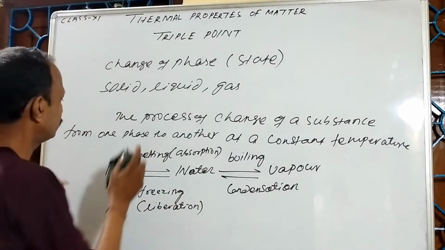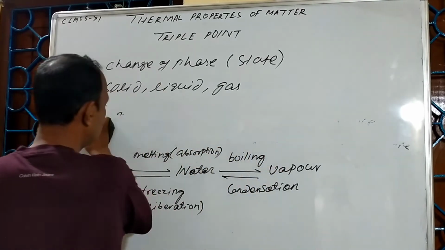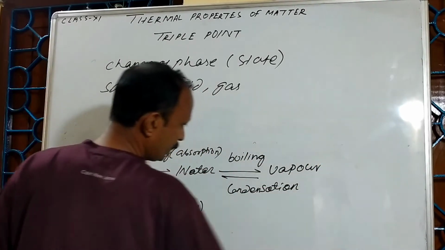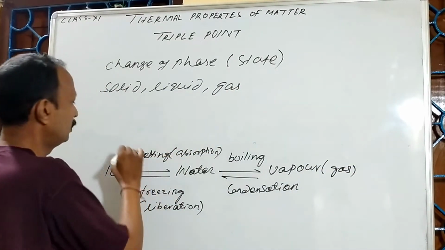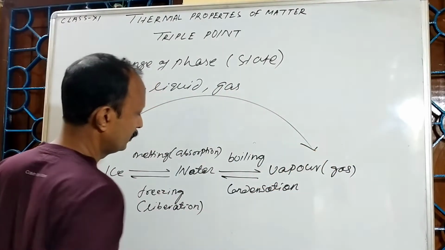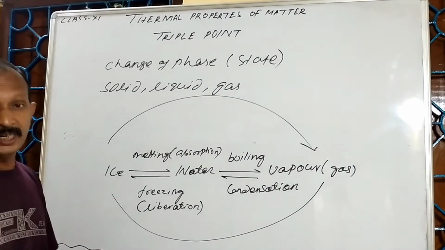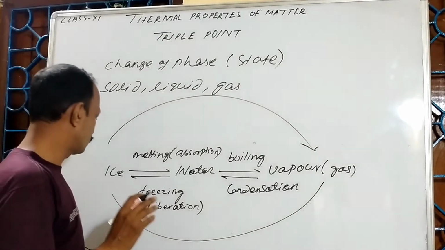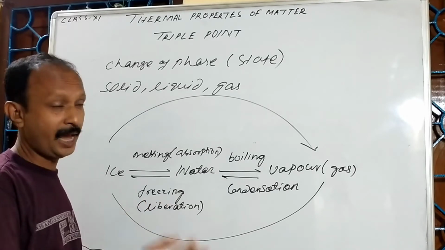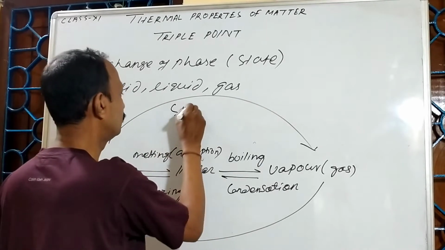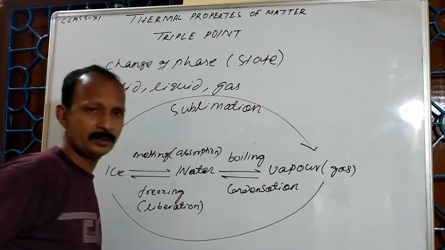Except that, matter can directly convert from solid state to vapor state or gaseous state, or from gaseous state directly into solid state. So conversion from solid state to gaseous state directly, that is the sublimation.